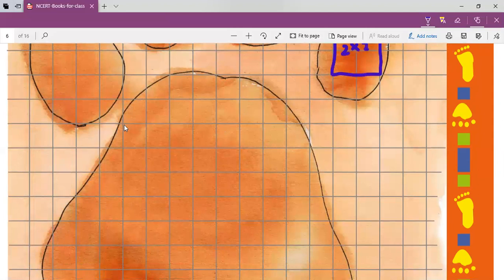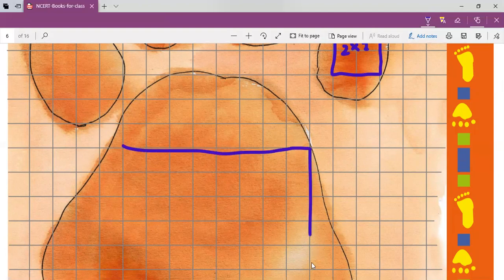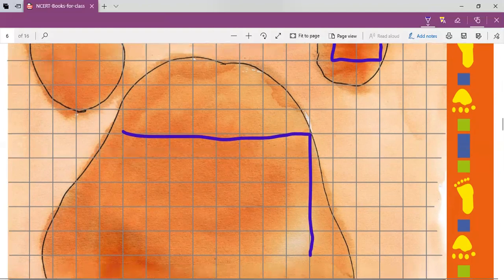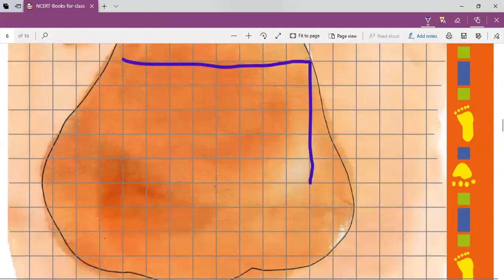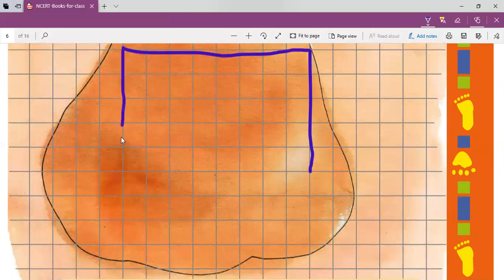Similarly, you can draw a big rectangle over here, wherever you get it, and find out the area of the footprint.